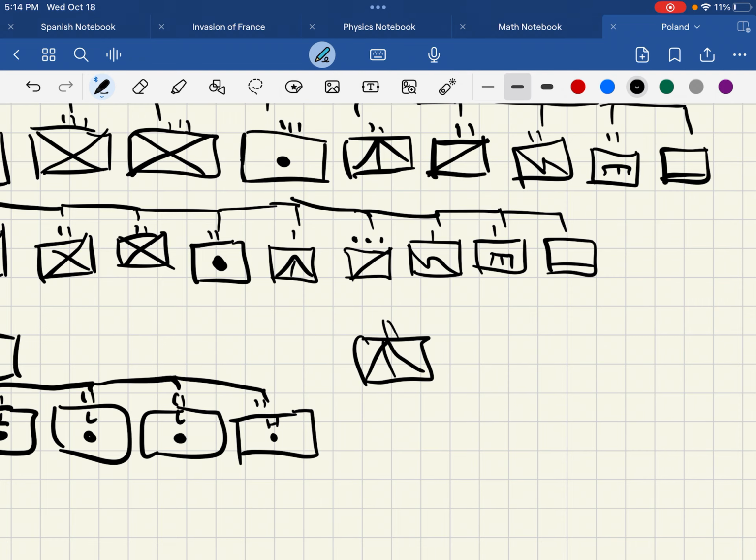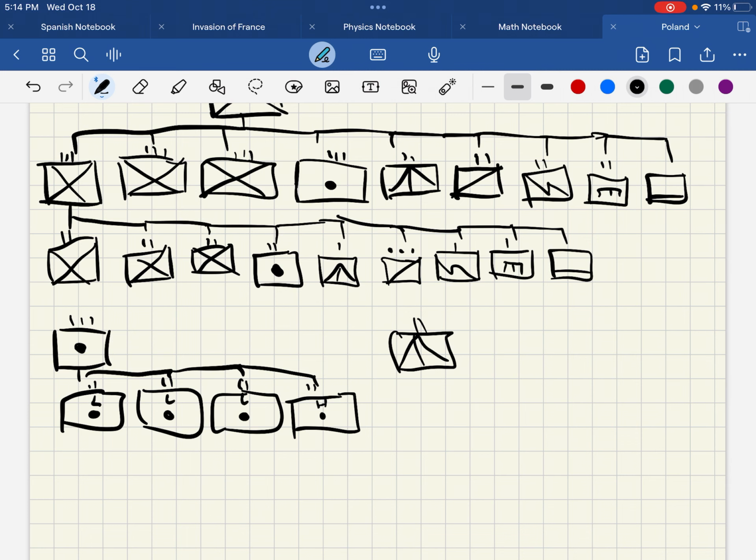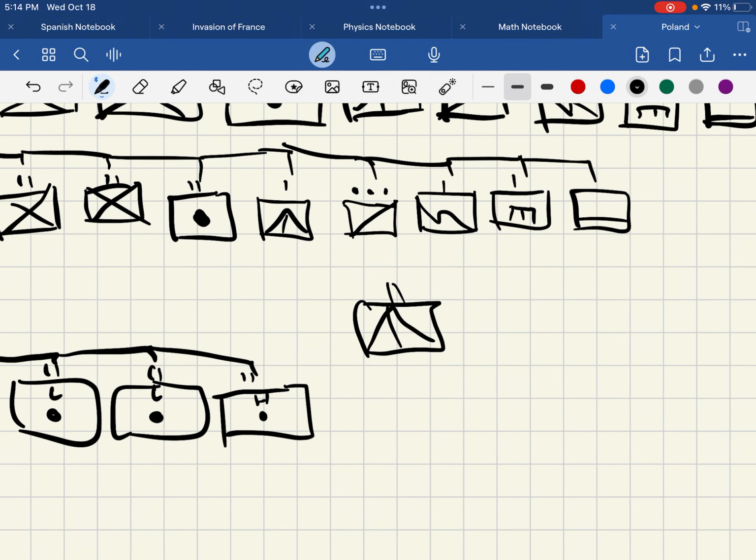Perhaps I don't need to split it, but basically these were made of 3 companies each. Actually, why not? I'll draw the 3 companies. Companies, not platoons.